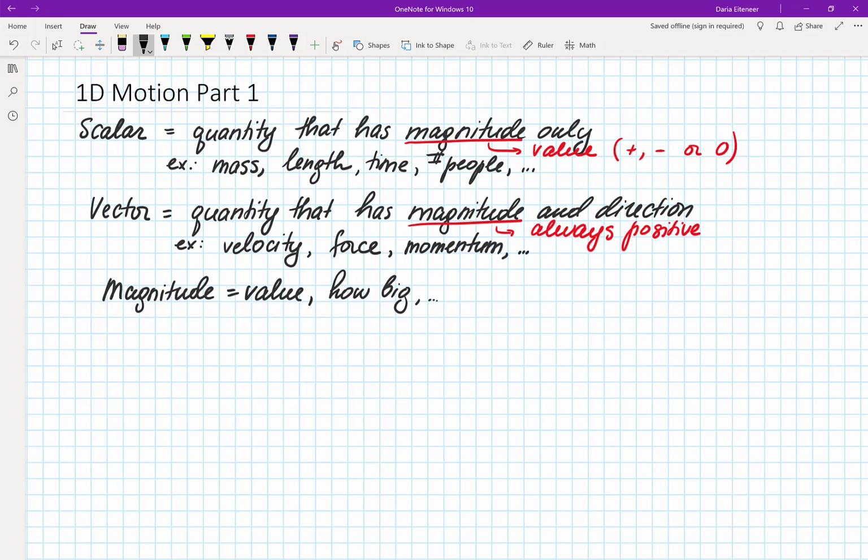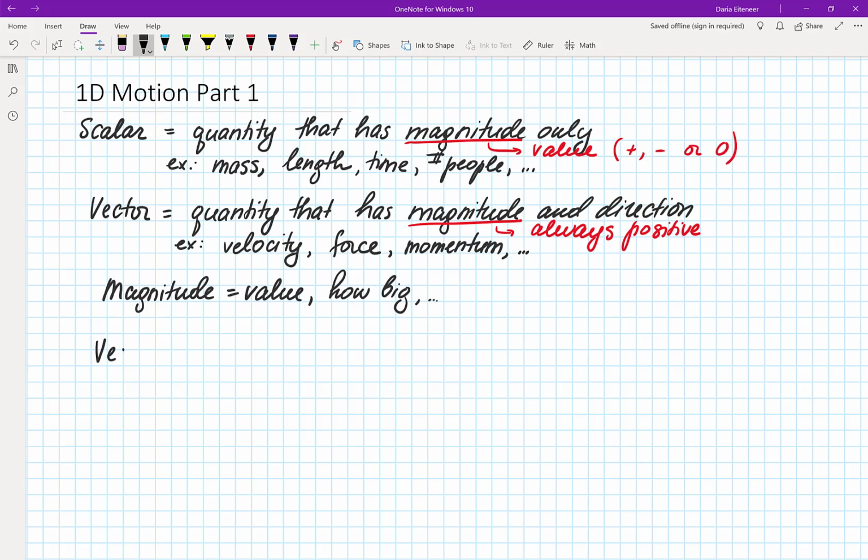And so on. If you have not heard the words force and momentum, no biggie. We are going to talk about forces and momentum in this class quite a bit, just not today. So this is what we need to know in order to fully discuss 1D motion.